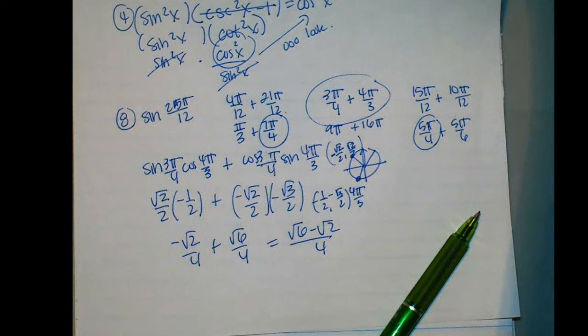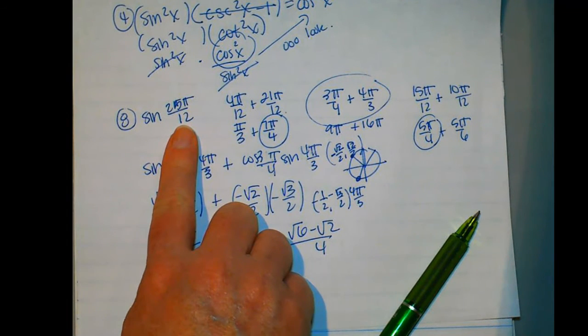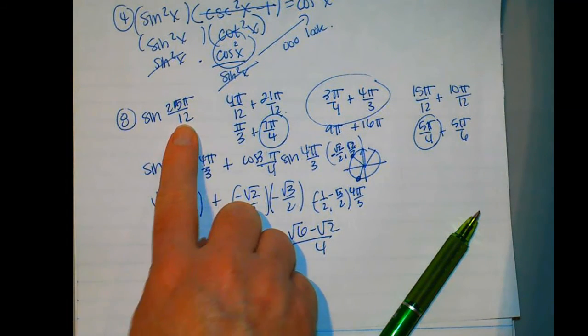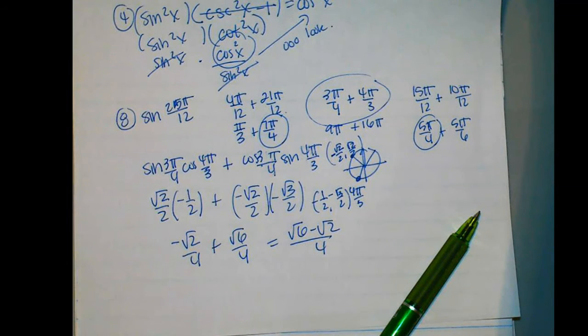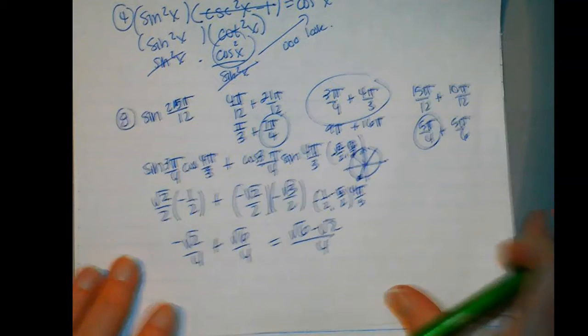So 8 is the idea of, can you find this with stuff you know, given an identity that is already proven. And then 10, I think y'all made harder than it is. 10, if you read the question, back to the quiz, when I give you hints and stuff, I need you to read what they give you. 10 says this: use the sum and difference identities to rewrite each of the following as a trig expression of one single number, and then evaluate the results.